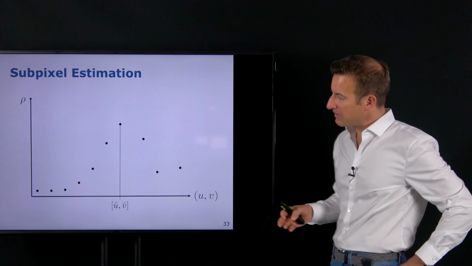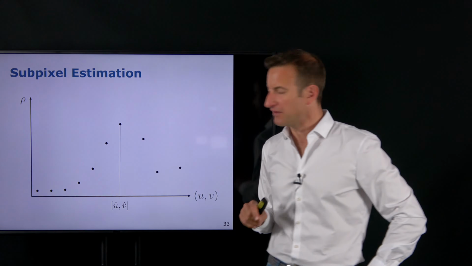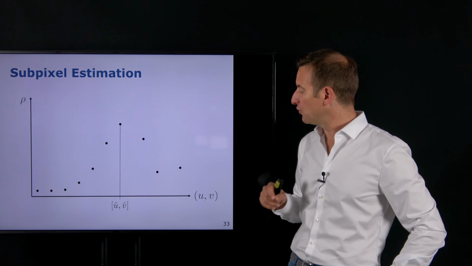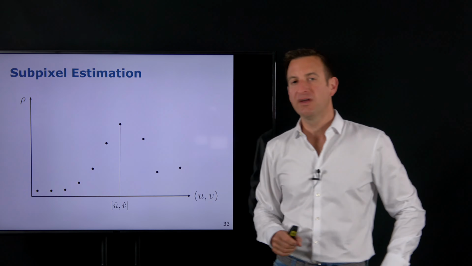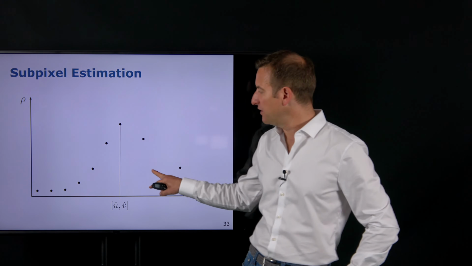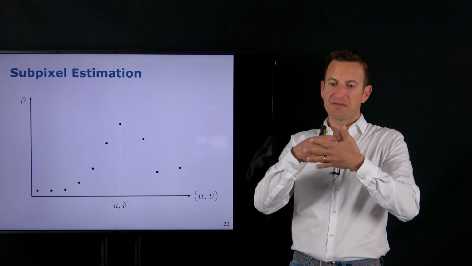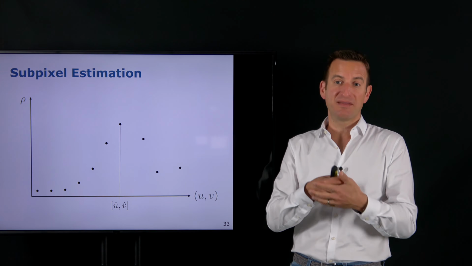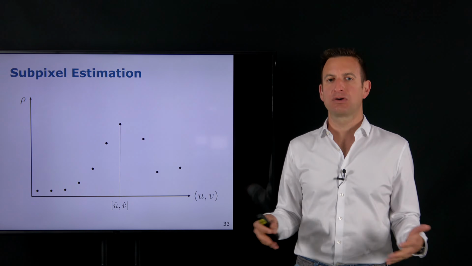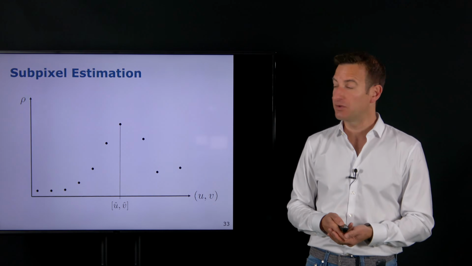So what we have in our image is different intensity values like this. As a result of these discretized intensity values, we also have discretized normalized cross-correlation function values. These values that we compute are a result of the pixel discretization in our image, which actually stems from a continuous function. So if the actual intensity values are a continuous function, then this normalized cross-correlation should also be a continuous function.